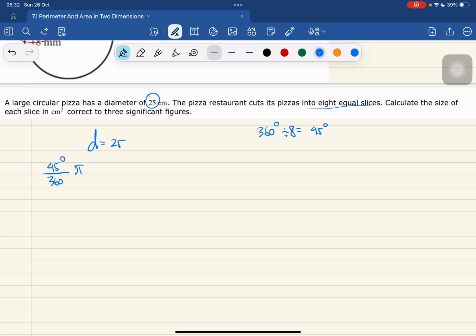So pi with r squared. So this is 360 divided by 45 is 8, 1/8. And then we got pi. R is 25 divided by 2, 12.5. Make it squared. It's going to be 156.25. So this is 156.25 over 8 and then pi.